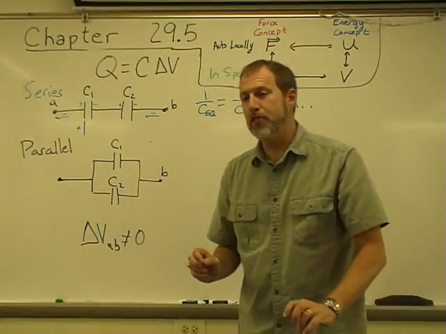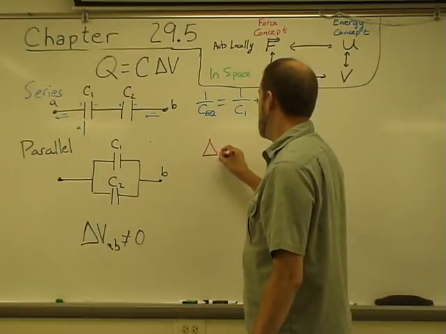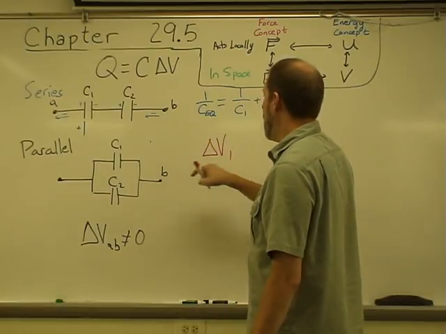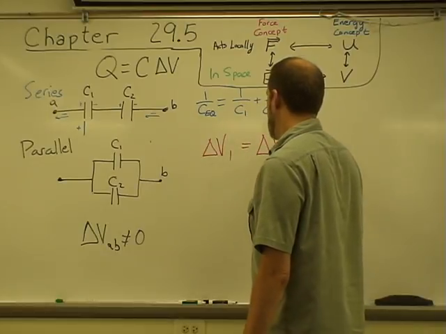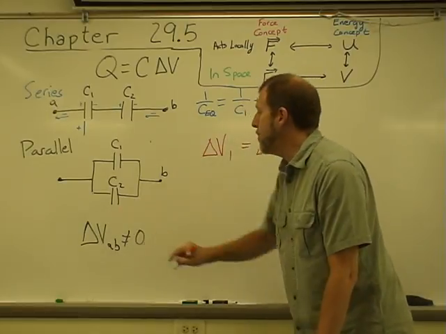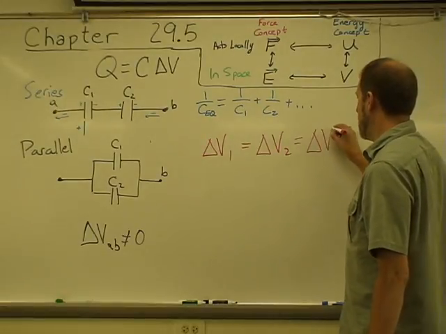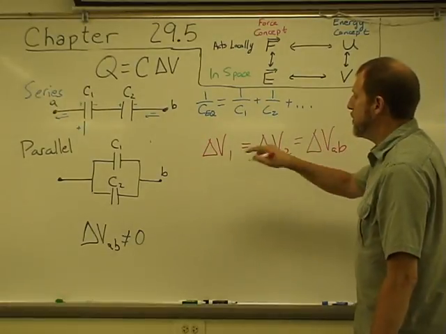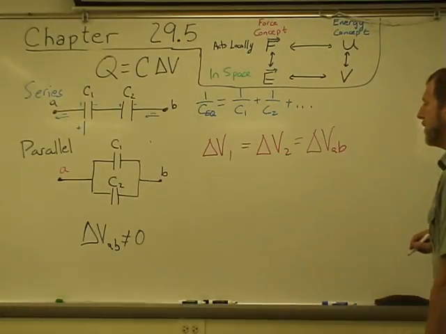They've both gone through the same change in potential. So what I've got here is the change in potential over capacitor 1 has to be equal to the change in potential over capacitor 2, which has to be equal to the change in potential between point A and point B.